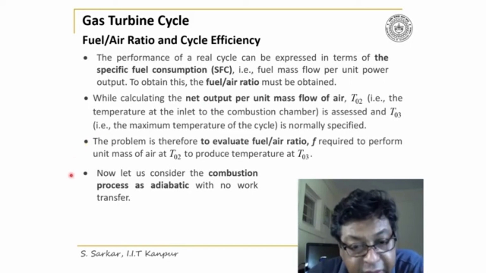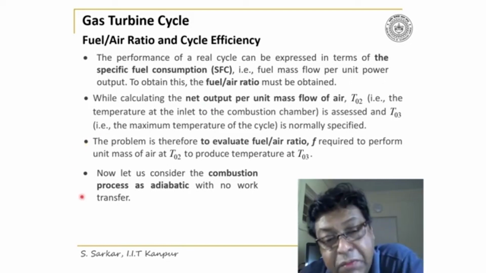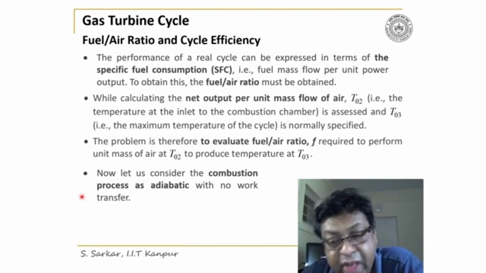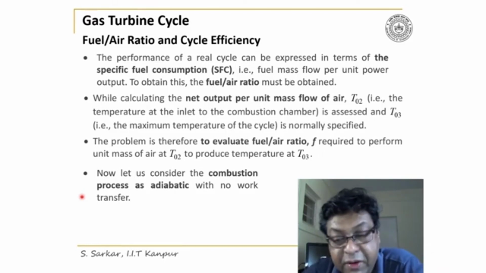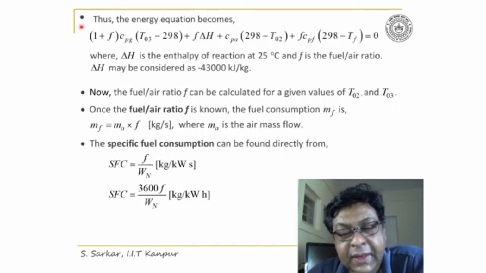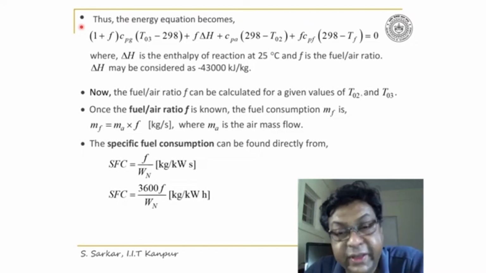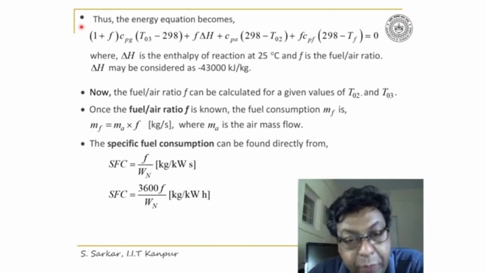Now let us consider the combustion process to be adiabatic with no work transfer. Let me consider the energy equation in a combustion process where delta H is the enthalpy of reaction at 25 degrees Celsius, and F is the fuel air ratio.